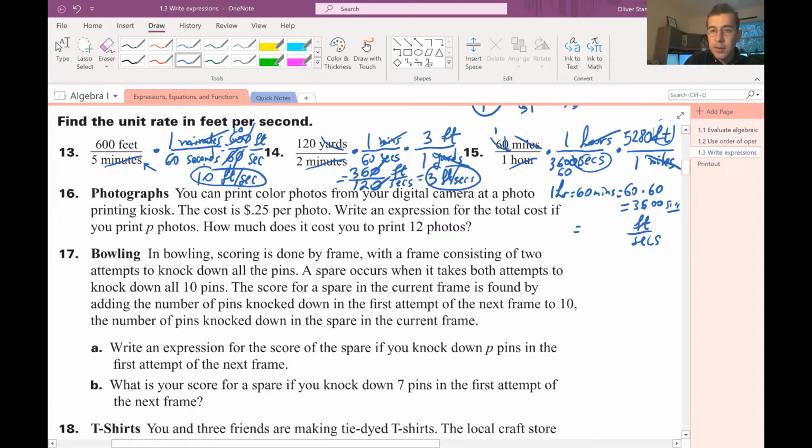Okay. So this is 1 times 1 is 1. 1 times 5,280 is 5,280. So 5,280 over 1 times 60. 60 times 1 is 60. So 0 and 0 cancel out. 528 and 6. We know that these two numbers are divisible by 2, so we can cancel out by 2.